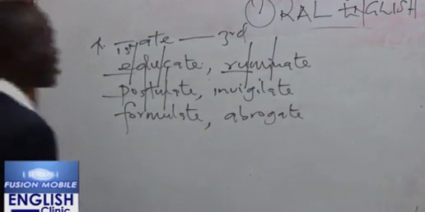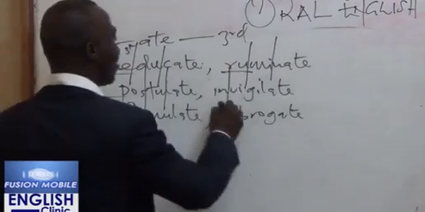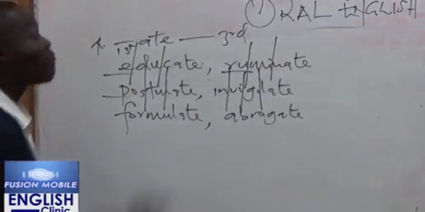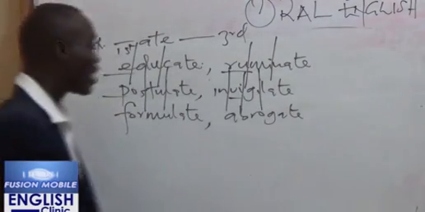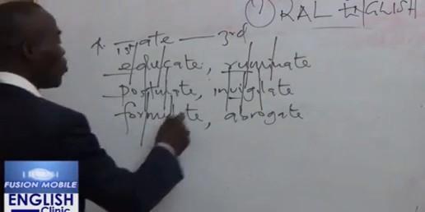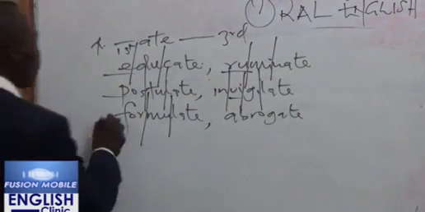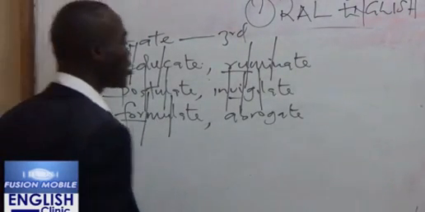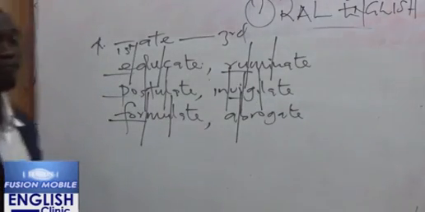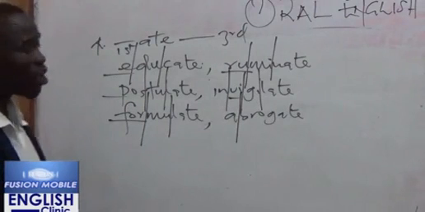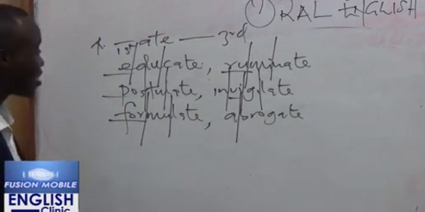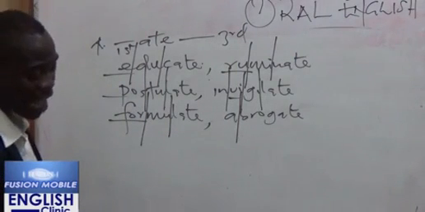Now if you look at the next example, invigilate, what is stressed there is vi, the third from the last syllable. Formulate is three syllables. What is stressed is for. And abrogate, we have 3 syllables. So whenever we have words ending with the suffix ate, then we stress the third from the last syllable.